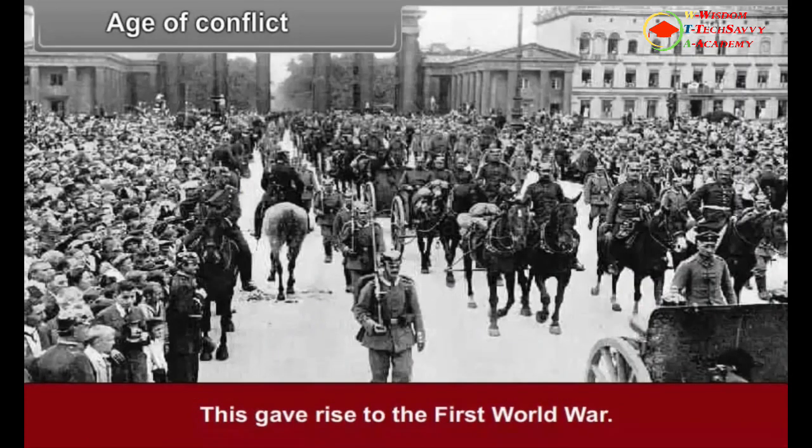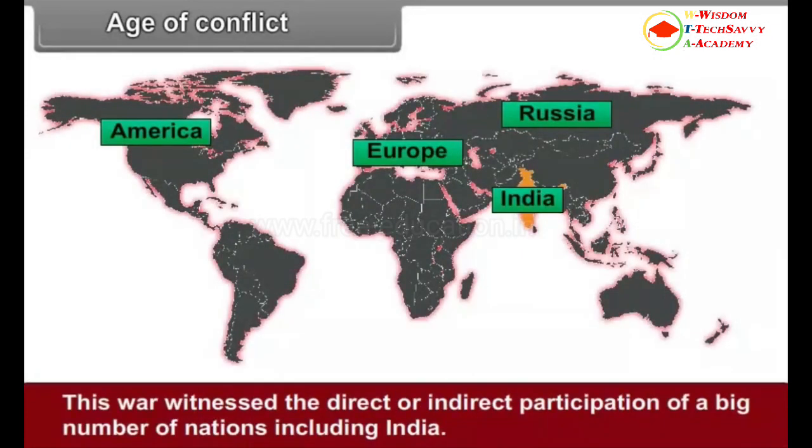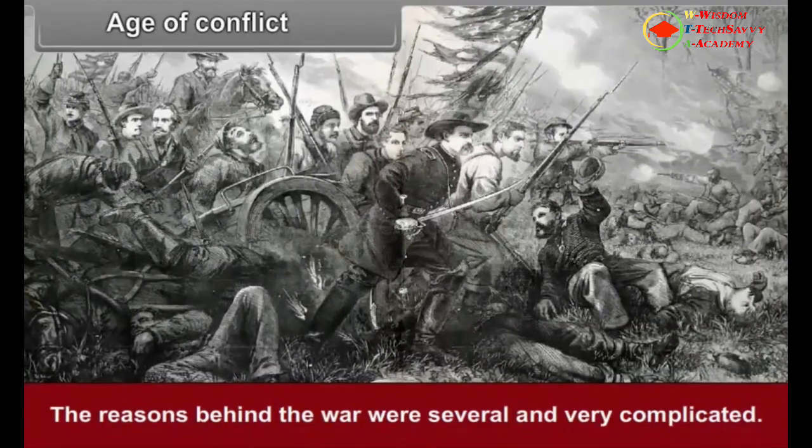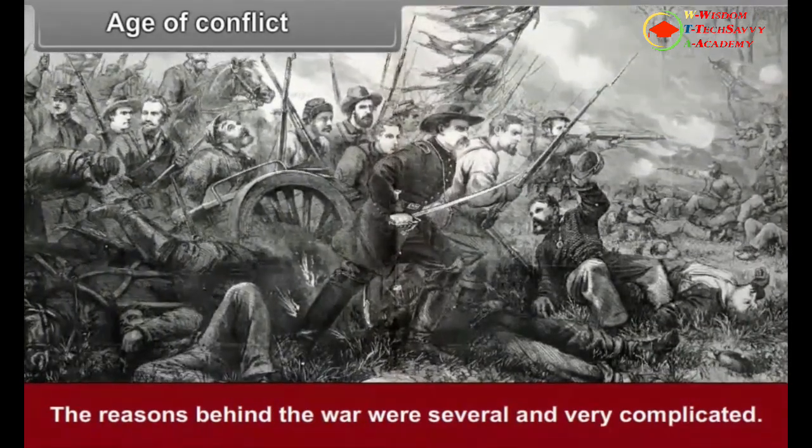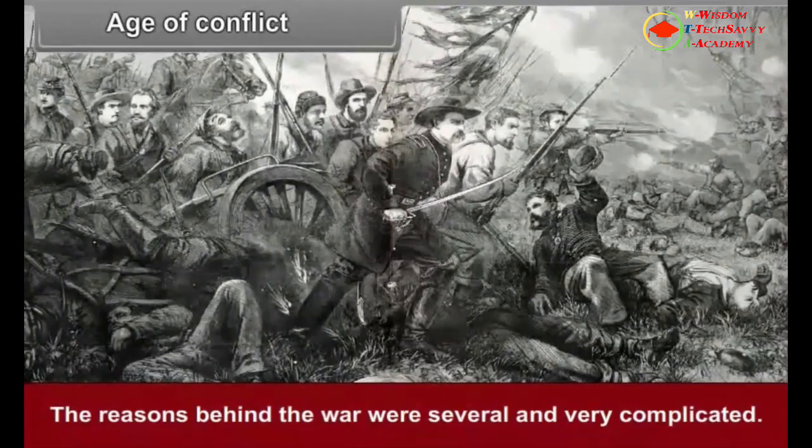This gave rise to the First World War. This war witnessed the direct or indirect participation of a big number of nations, including India. The reasons behind the war were several and very complicated.